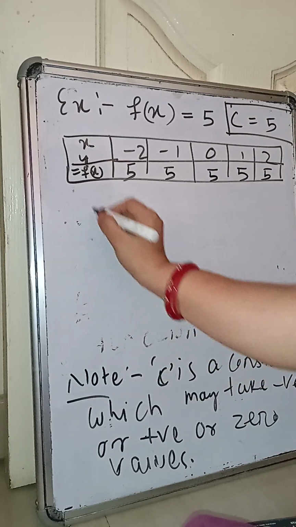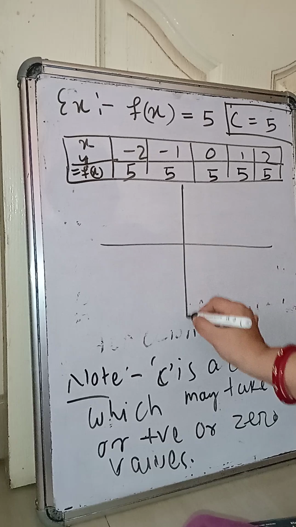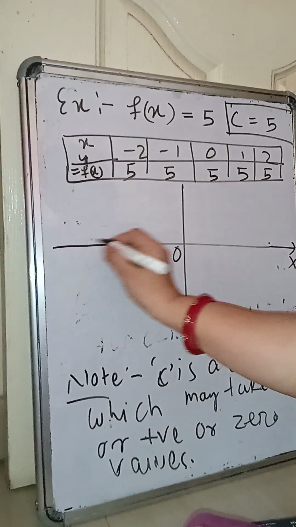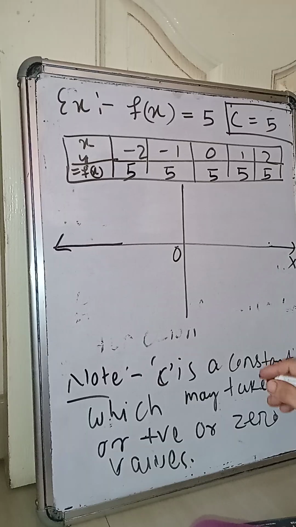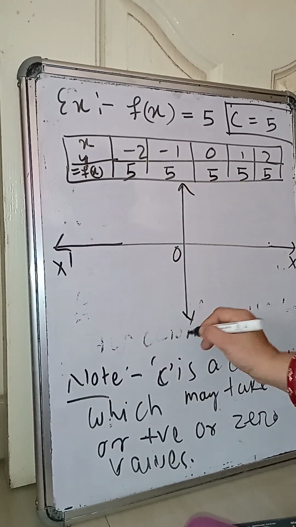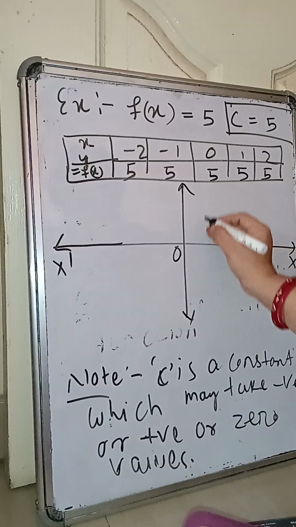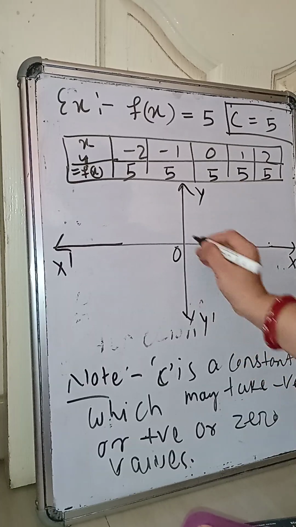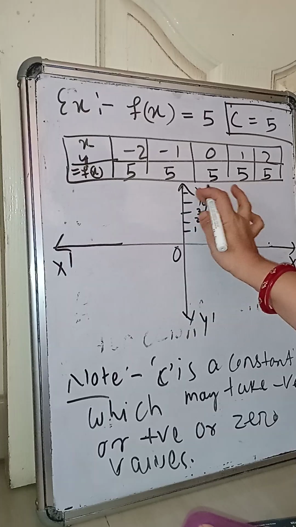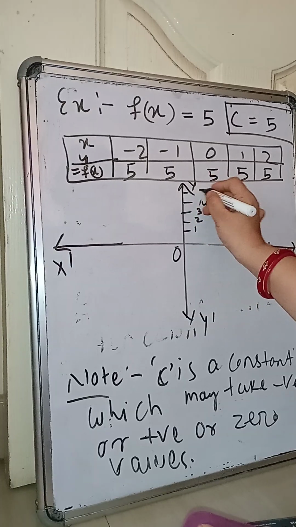Now if you are drawing the graph here, let us take the Cartesian coordinate system, that is the x-axis and y-axis. This is 1, 2, 3, 4, 5.